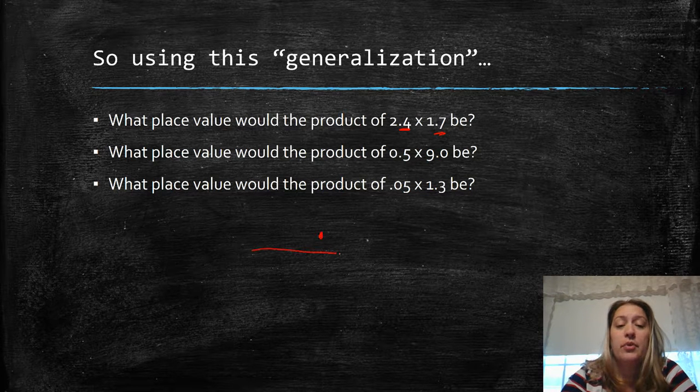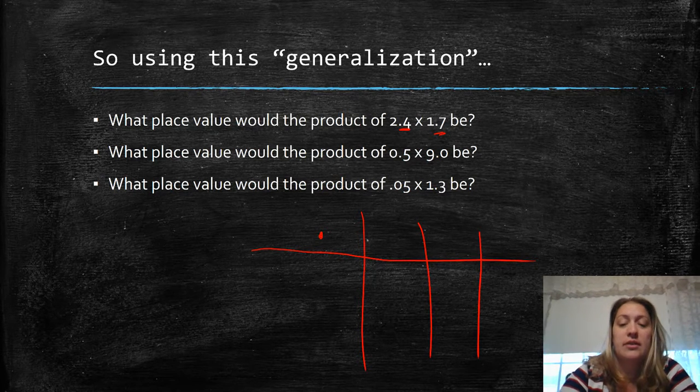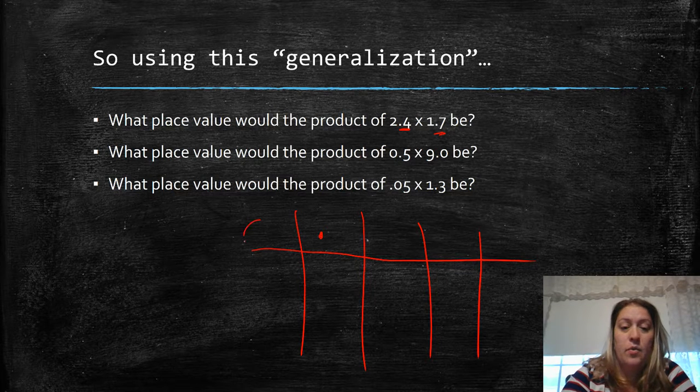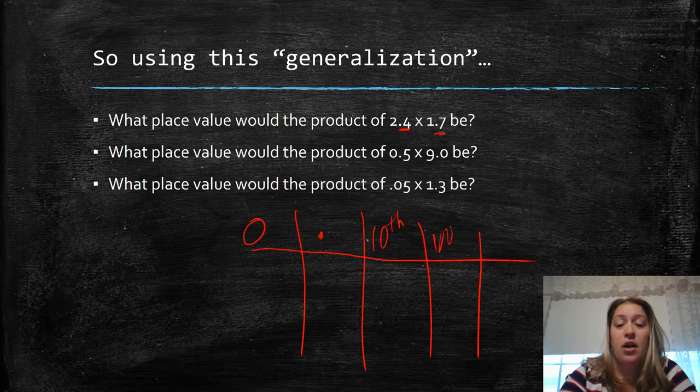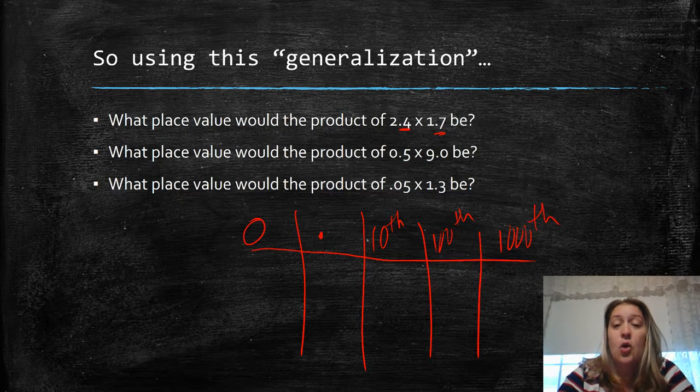Remembering our place value chart, we have our ones, our tenths, our hundredths, and our thousandths. Here's our decimal, we have 1, 2. So it would be in the hundredths.